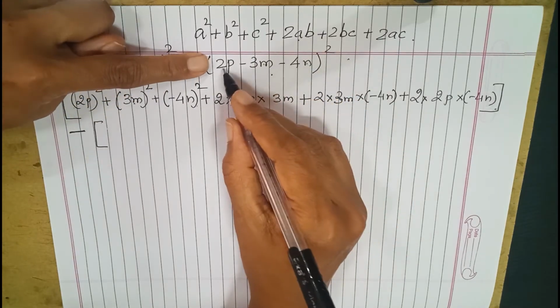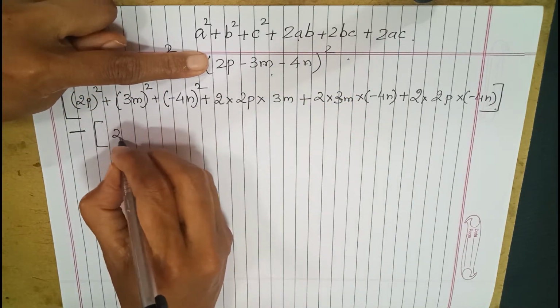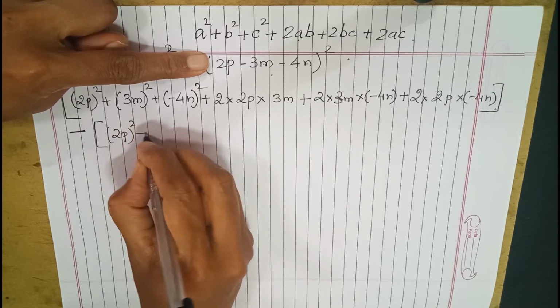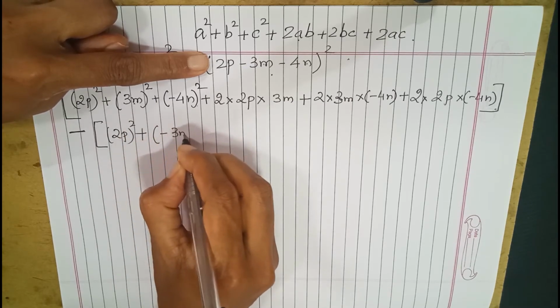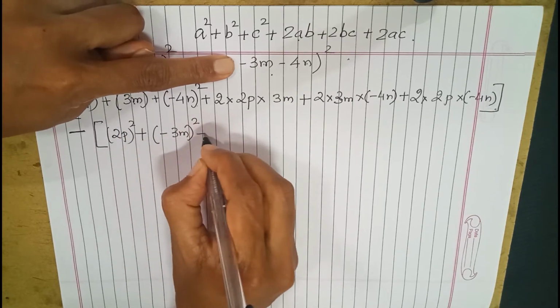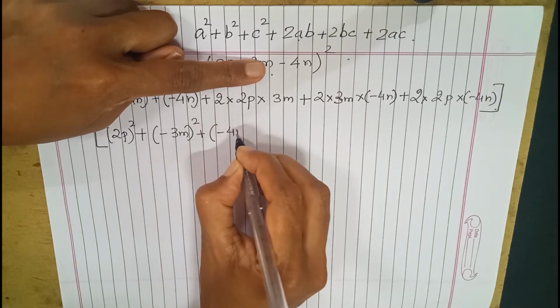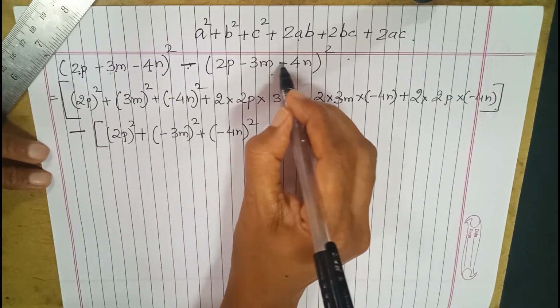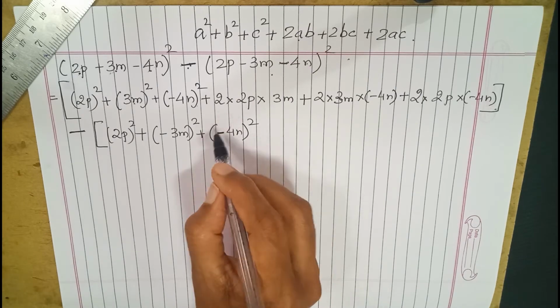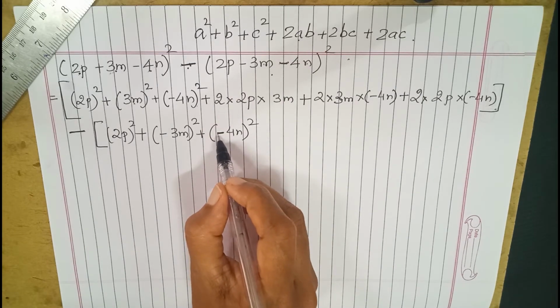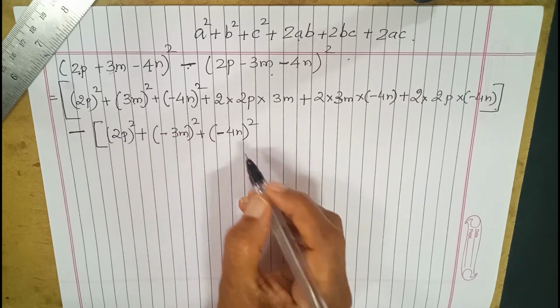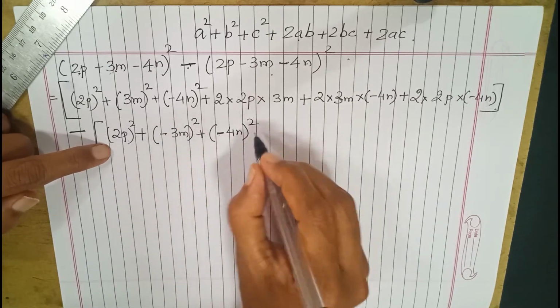second bracket. So again 2p square, that is a square. So a square plus, now here b will be minus 3m the whole square plus c. So you can see every number along with the sign I am taking it inside the bracket. So my c is minus 4, b is minus 3. So I got a square, b square, c square.